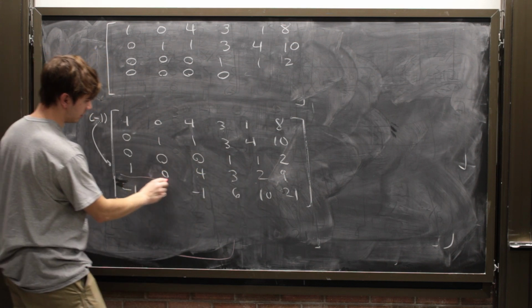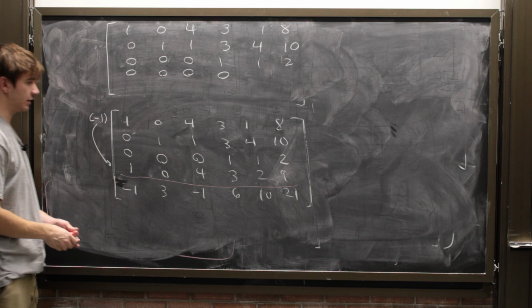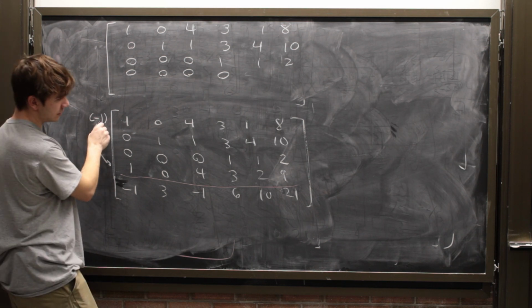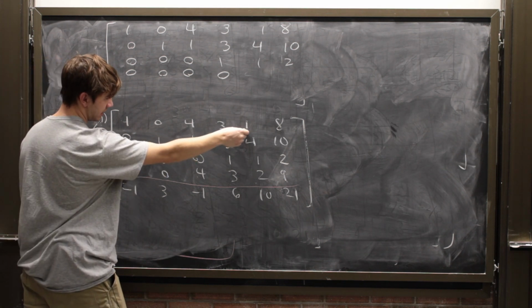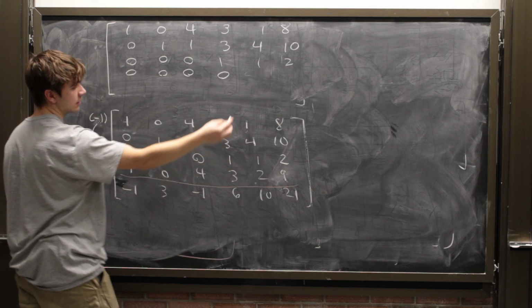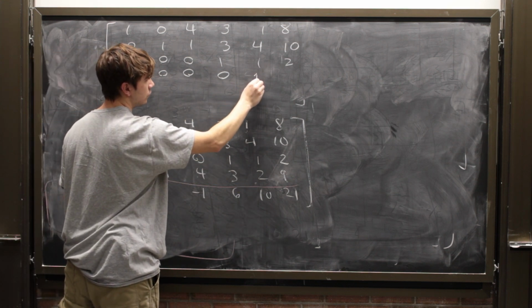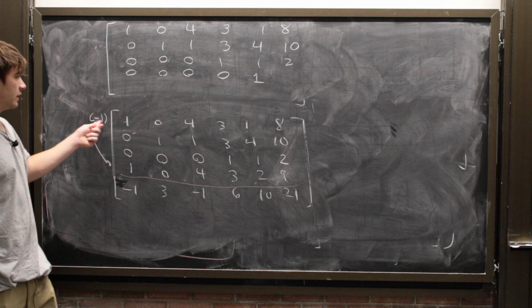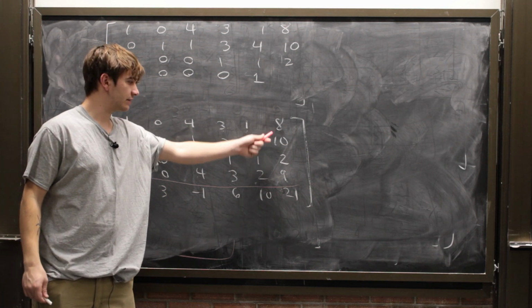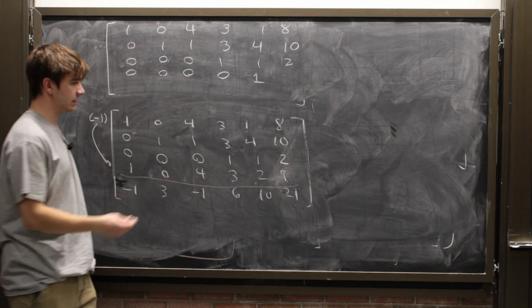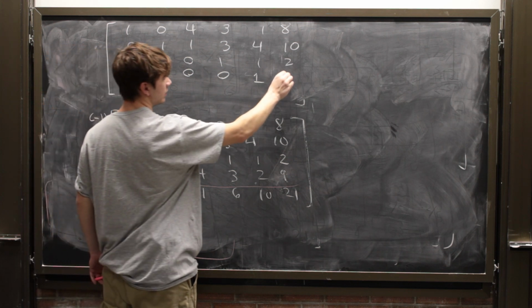Let me highlight the row that I'm doing here. Okay, so negative 1 times 1 is negative 1 added into the 2 is 1. And then negative 1 times 8 is negative 8 added into the 9 is 1.